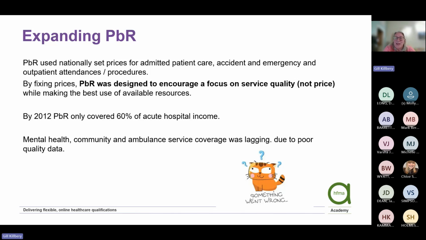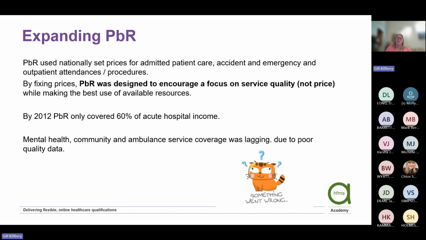Plenty of disputes between provider and commissioner on upcoding, changing how you're coding the activity that you've previously done to push it into a different HRG and to a different price. Sometimes at the end of the year, there'd be tens, hundreds of millions of pounds in dispute because of changing codes.